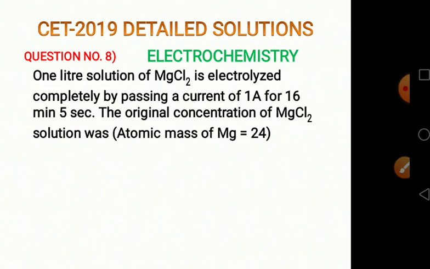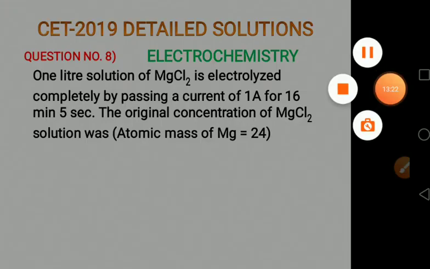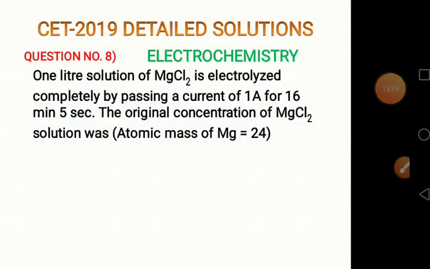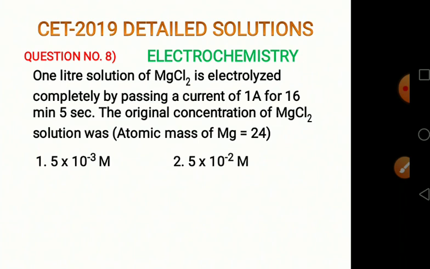The original concentration of MgCl2 solution was, and in this particular case remember the atomic mass of Mg is given. Options: 5 into 10 to the power minus 3 M, second option 5 into 10 to the power minus 2 M, 0.5 into 10 to the power minus 3, 1 into 10 to the power minus 2.